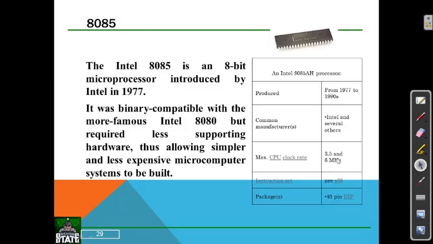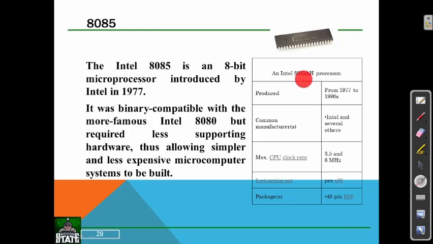And now we are going to 8085. The 8085 is an Intel 8-bit microprocessor introduced by Intel in 1977. It was binary compatible with the more famous Intel 8080, but required less supporting hardware, thus allowing simpler and less expensive microcomputer systems to be built.